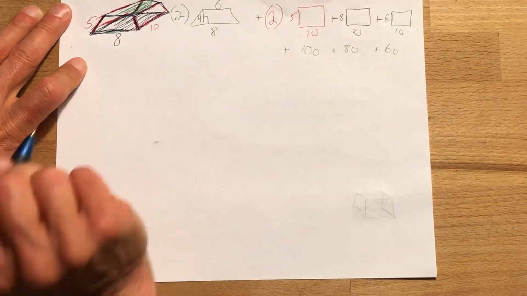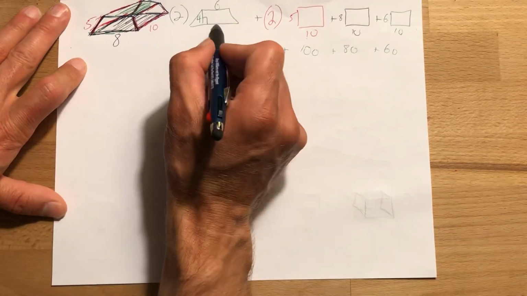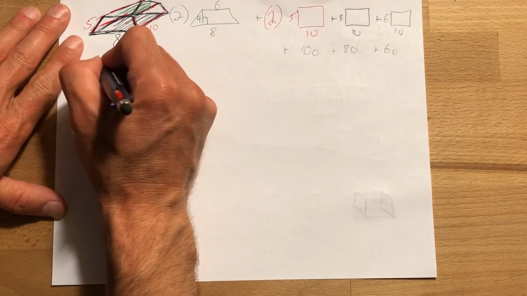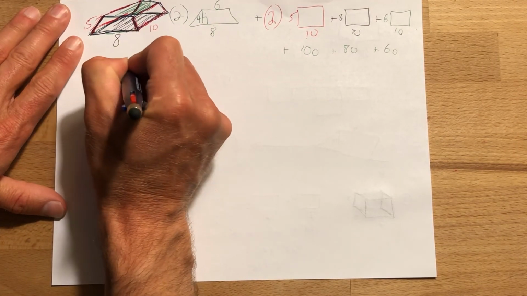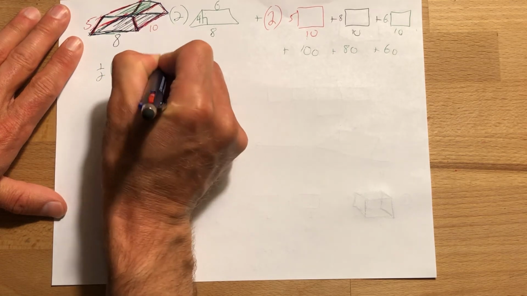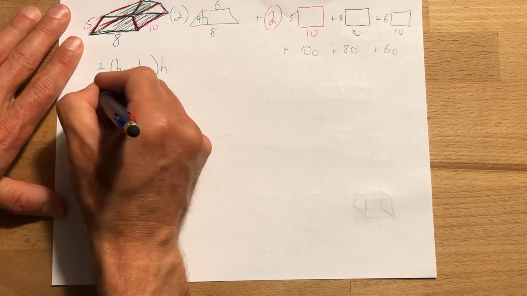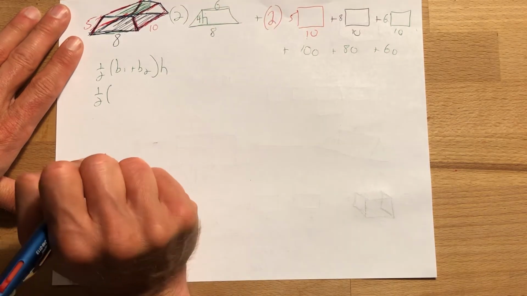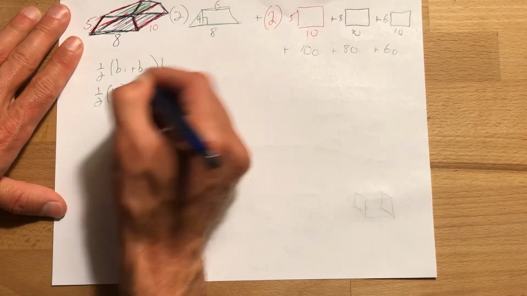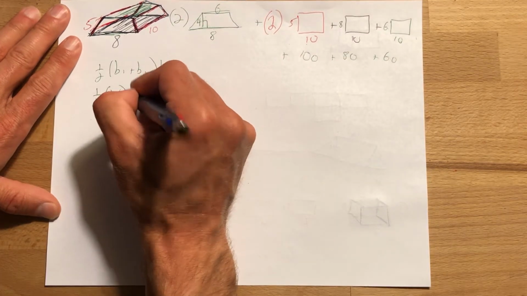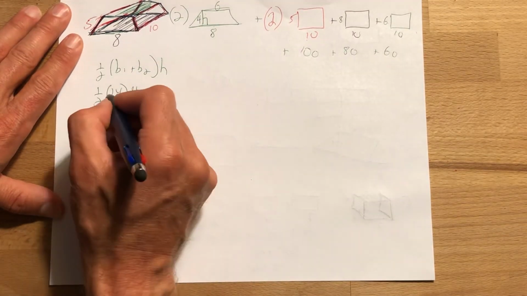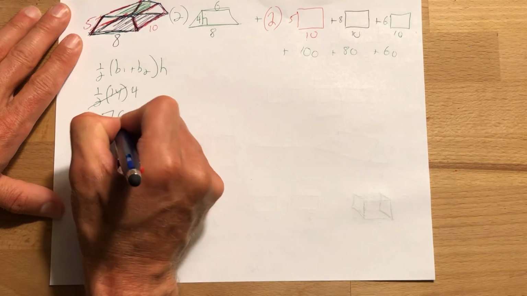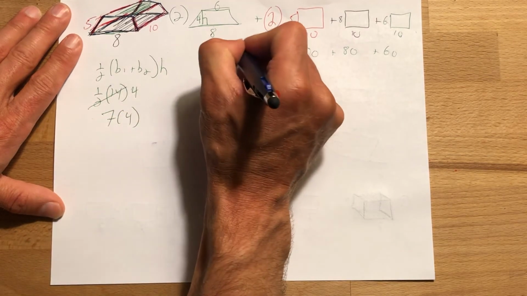Now, do you remember how to find the area of a trapezoid? It's 1/2 base 1 plus base 2 times the height, which is 1/2 of 8 plus 6. Those are the two bases, which is 14, times the height of 4. Half of 14 is 7 times 4, which is 28.